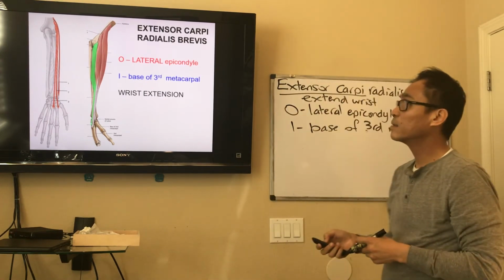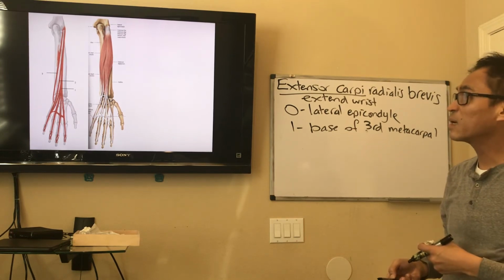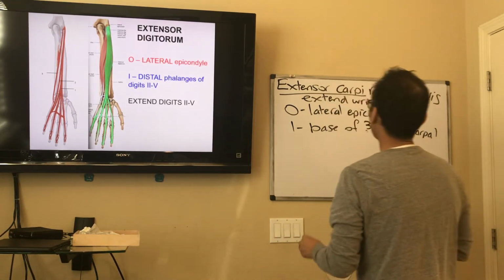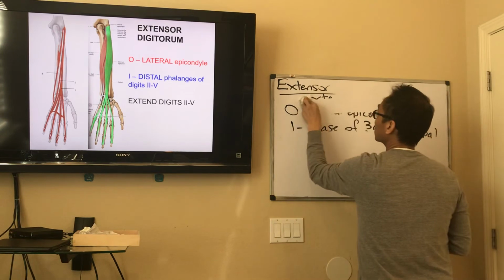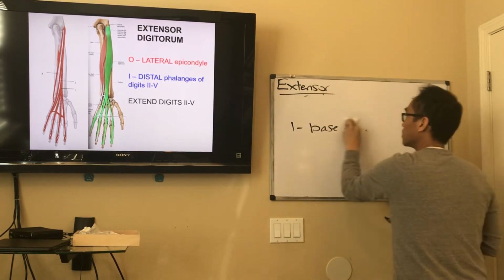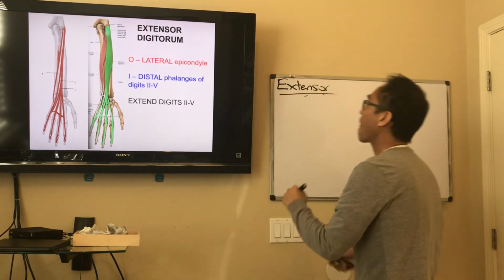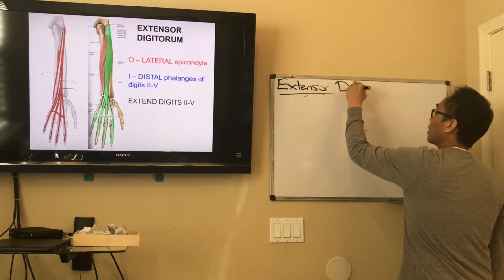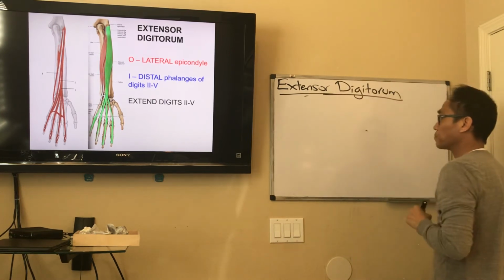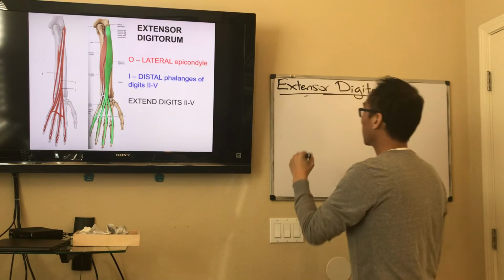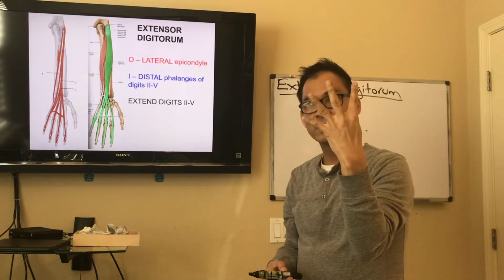And we're moving on. We're going to talk about extensors of the wrist and digits now, these next group of three. We're going to start with extensor digitorum. Well, named for what it does. It extends digits, these ones, 2, 3, 4, 5.